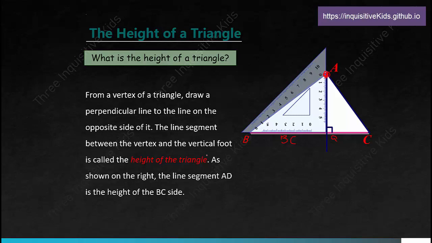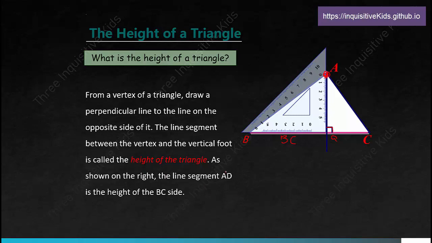So what is the height of a triangle? It's the line segment from one point of a triangle to the opposite side. So it's a line segment from any vertex out of the three vertices of the triangle to its opposite side, and that line segment has to be at 90 degrees.